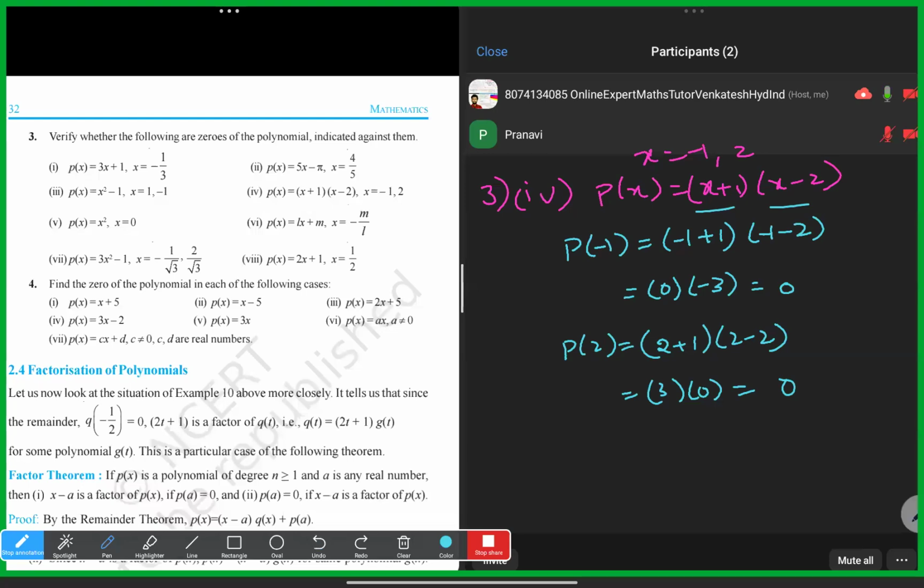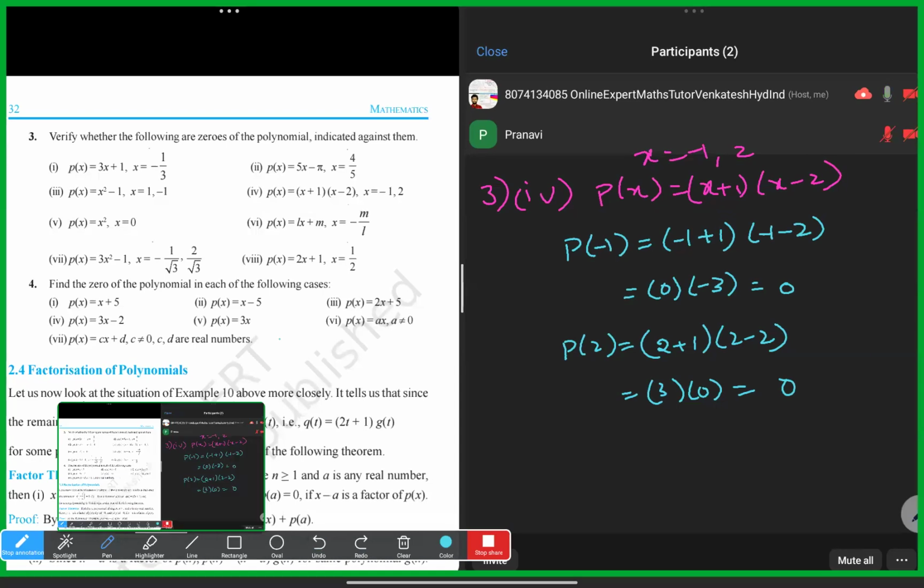So if it is a quadratic polynomial, what we need to remember is, if zeros exist, maximum 2, minimum 0. Linear means 100% 1 zero. So here also, this is an example of quadratic only. If you multiply, it has two zeros. One is minus 1 and one is 2. Okay, Pranavi? Yes, sir.